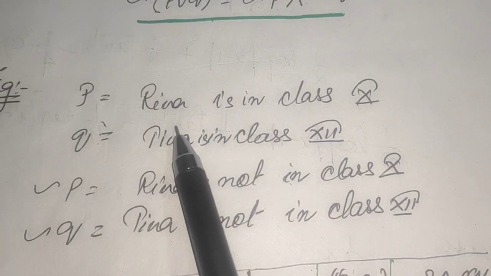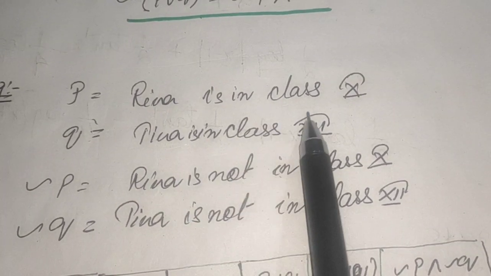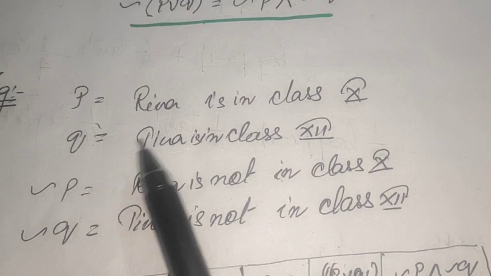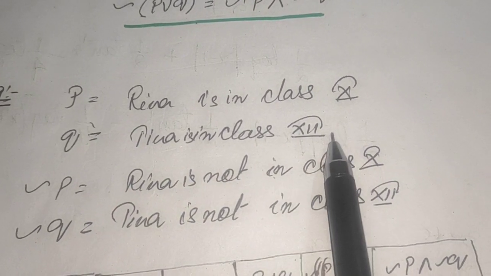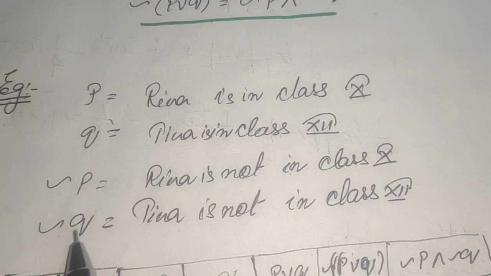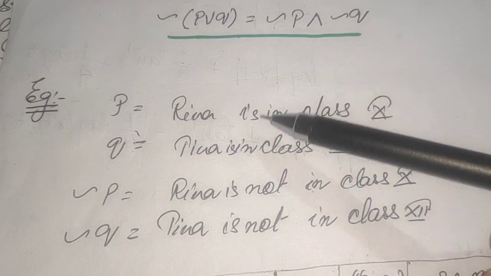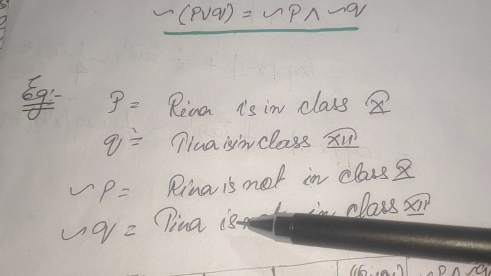Before that, for example, P is Rina is in class 10 and Q is another, Tina is in class 12. So negation of P will be Rina is not in class 10 and negation of Q, Tina is not in class 12. So these are the two original statements, and these are the two negation statements.